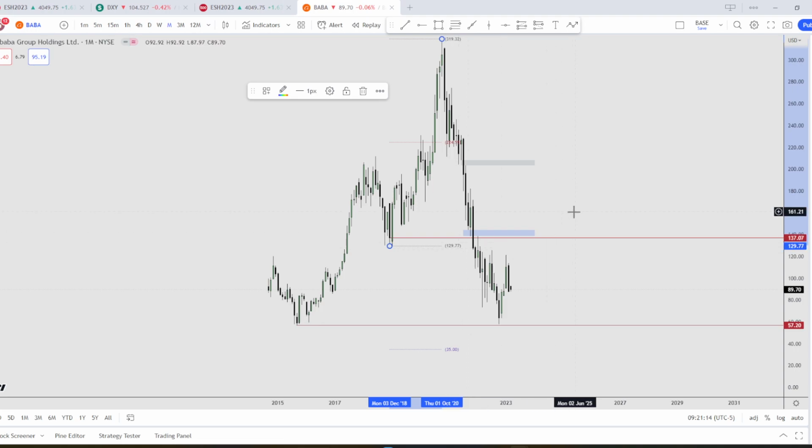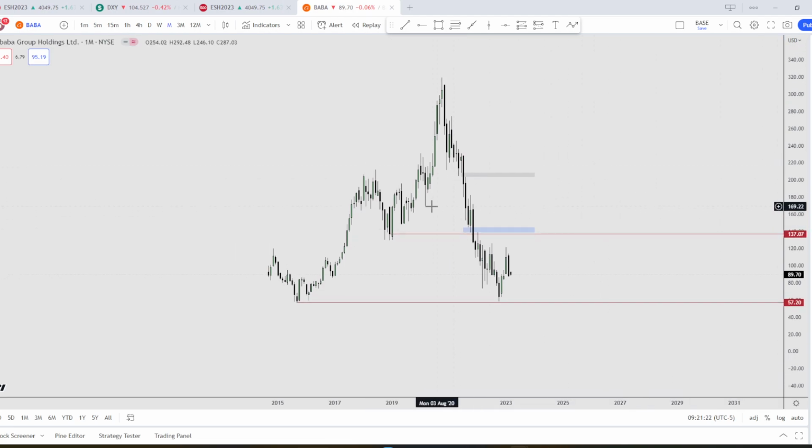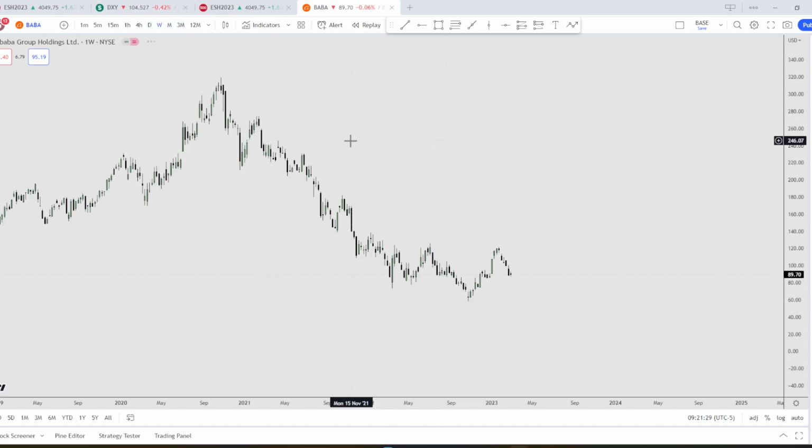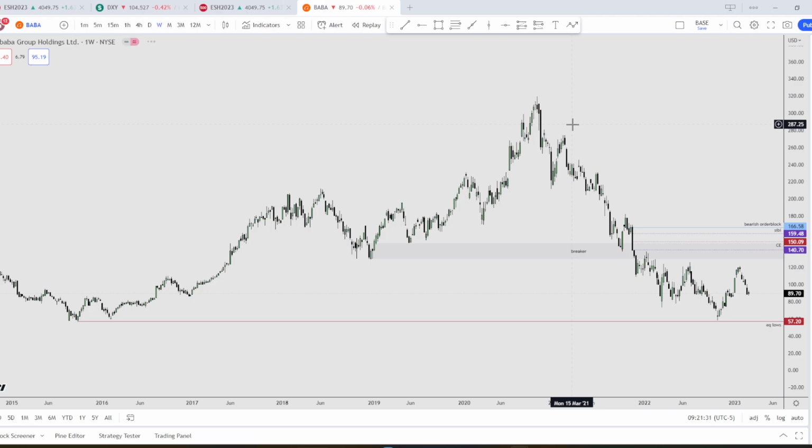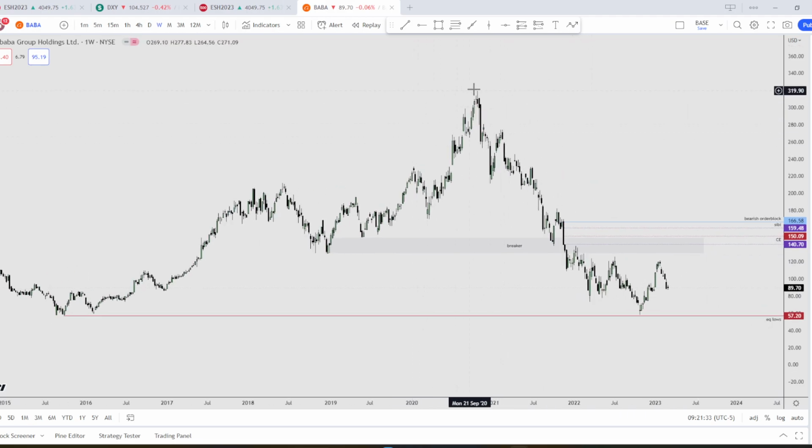Okay, but that is way into the future, so I'm not gonna anticipate that for now. Okay, so overall on Alibaba, if I were just to use, let's say, a weekly range here, okay, because I want to measure where the bottom will be.